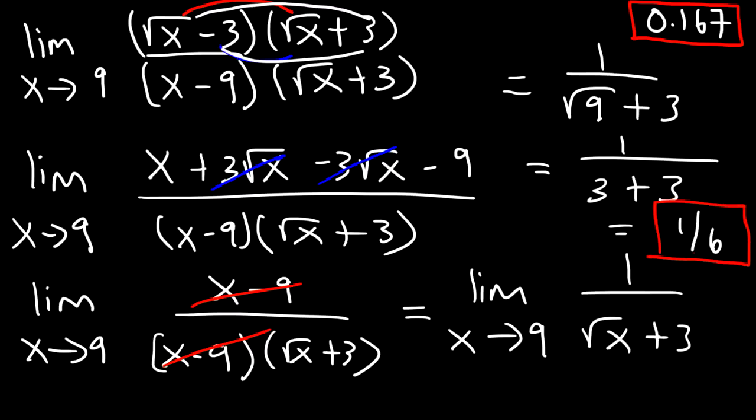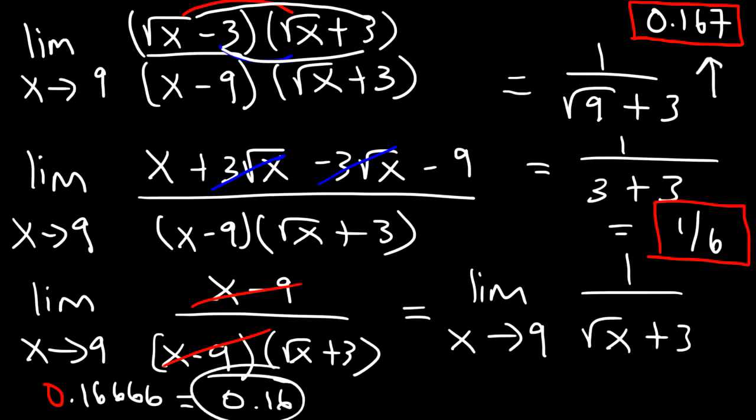That's the exact answer. Now, 1 over 6 as a decimal is basically 0.166666 repeated. So you can say 0.16, which is basically 0.167. It's close to that. So these two values, they're in harmony with each other.